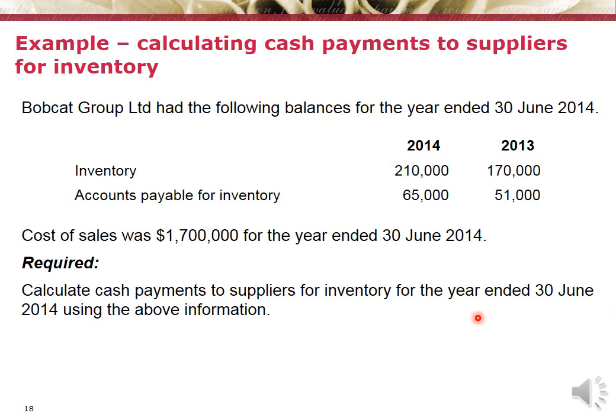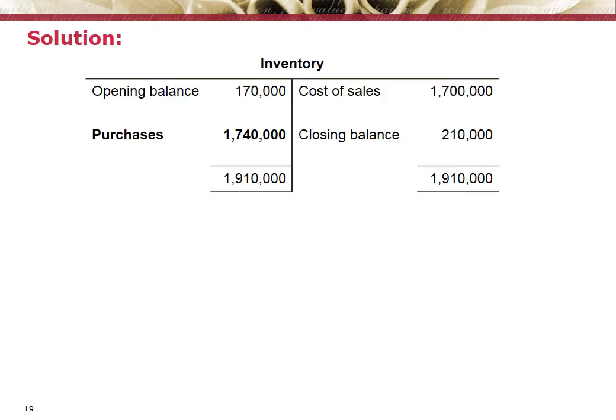and we'll go over to the next slides now, and we will prepare some T accounts. To calculate the cash payments to suppliers, this is also a two-part process, and I think I mentioned this a couple slides ago, but the first process is to calculate what the inventory purchases are.